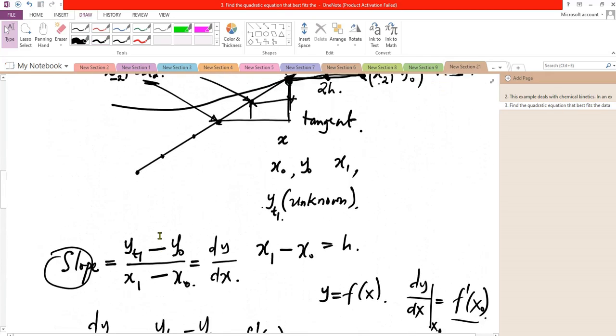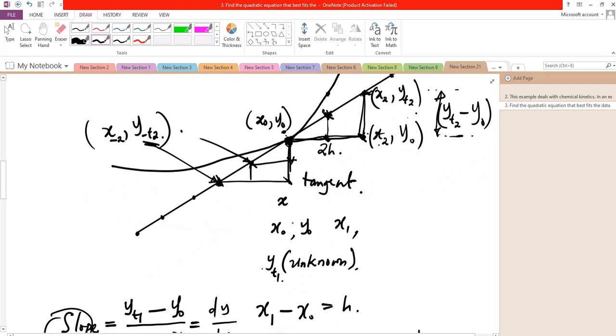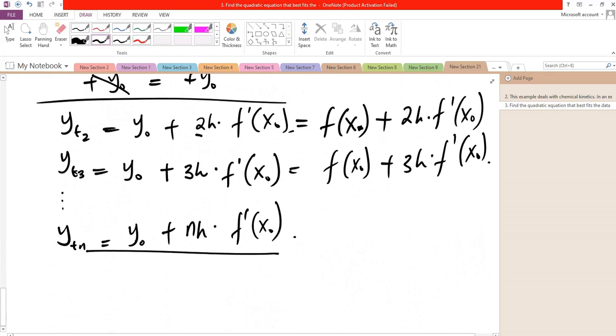So let's work out this. Now we know the value here, we know the value here, which is this. Now moving from here to here, you have something like this.